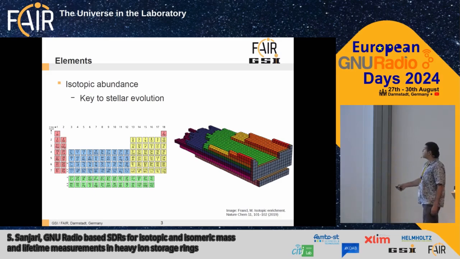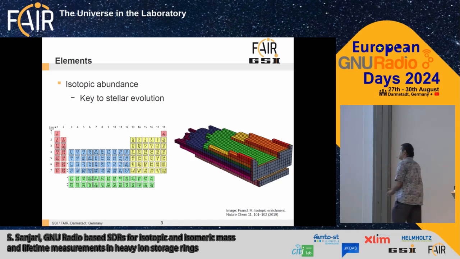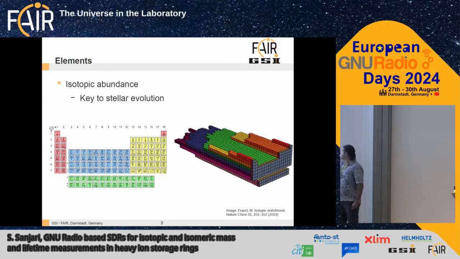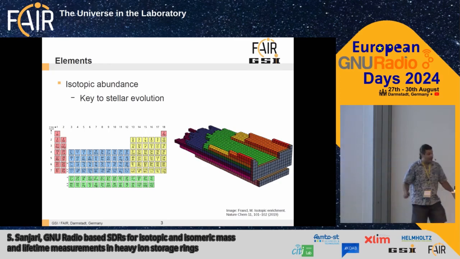If you make a 3-dimensional map of this picture on the left hand, you can see that this picture is just one layer, and that every element in fact has a lot of different isotopic configurations. That's very important for us from many different aspects, from the biological aspect and also from the point of view of stellar evolution.